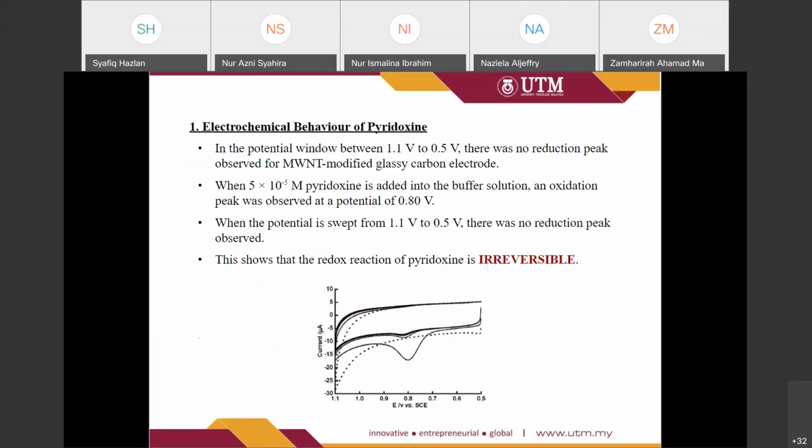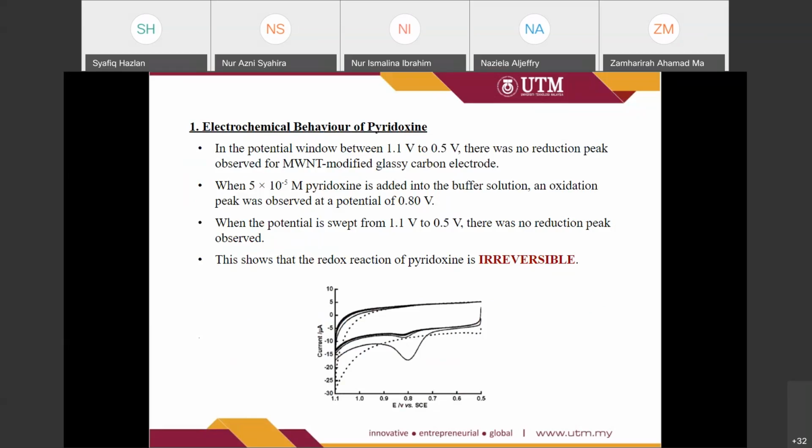Okay, so for the electrochemical behavior, in the potential window between 1.1 volt to 0.5 volt, there was no reduction peak observed for the multi-wall carbon nanotube modified glassy carbon electrode. So when 50 micromolar pyridoxine is added into the buffer solution, an oxidation peak was observed at the potential of 0.80 volt.